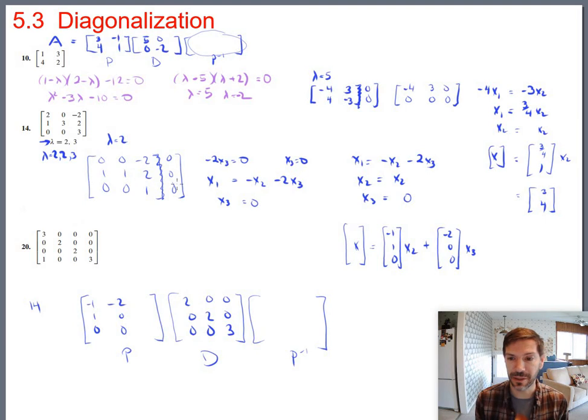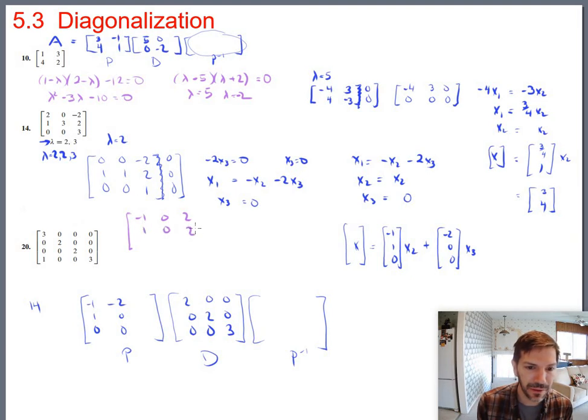And now we just need to repeat this process and find the eigenvector that goes with an eigenvalue of 3. And maybe I will go ahead and finish that off. I know you know how to do it by now, but let's see. If we're subtracting 3 from the main diagonal, it's negative 1, 0, 2, 1, 0, 2, 0, 0, 0.